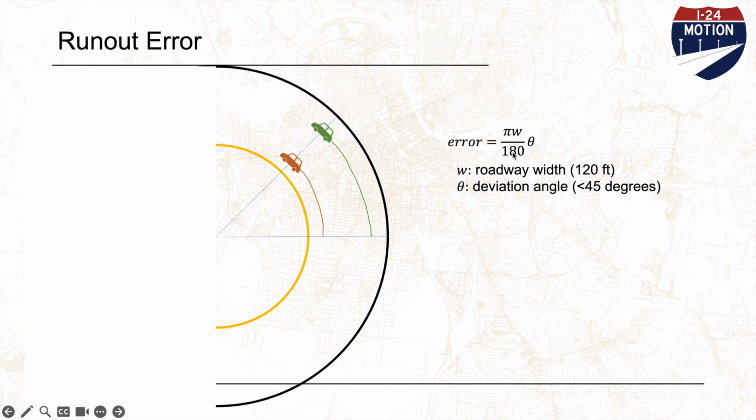Now, this error is going to result in only a very small difference in travel. You can see the equation over there, but it ends up being less than 30 feet of runout error over the course of the testbed because the testbed doesn't curve very much.